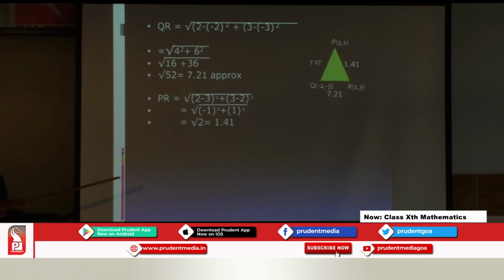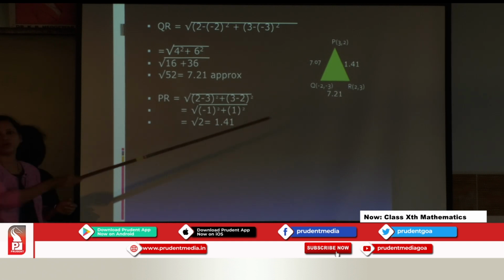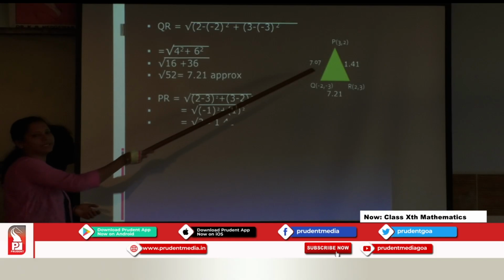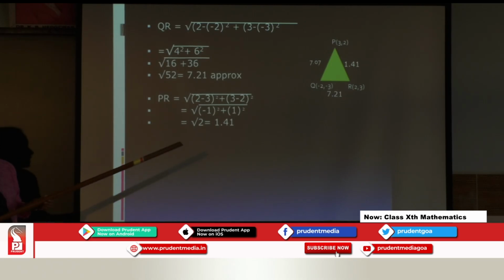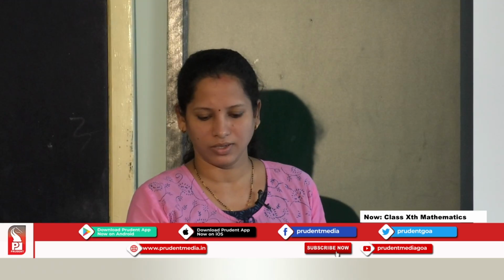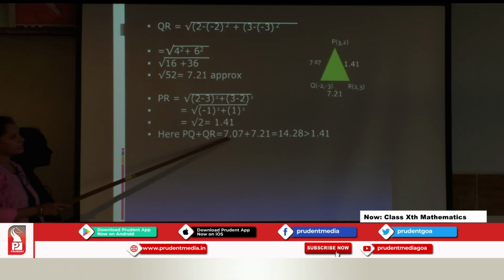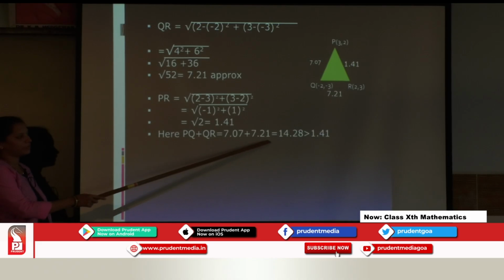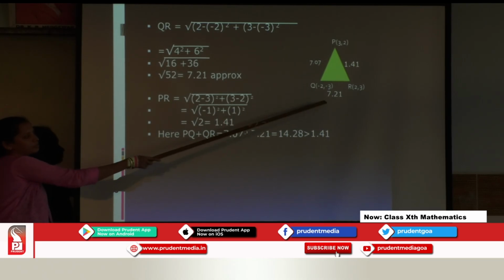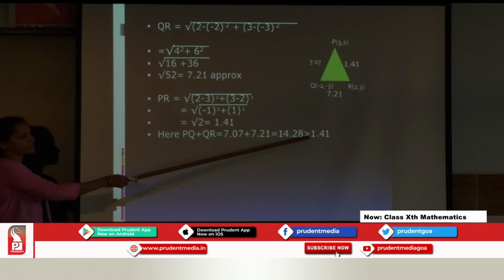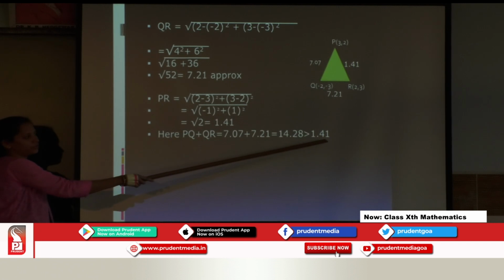So now we have got all three sides. Now can you tell whether it forms a triangle? What is the condition for a triangle? The sum of any two sides of the triangle should be greater than the third side. So it satisfies that condition, and that's why it forms a triangle. PQ plus QR is equal to 7.07 plus 7.21, which is equal to 14.28, which is greater than the side 1.41.